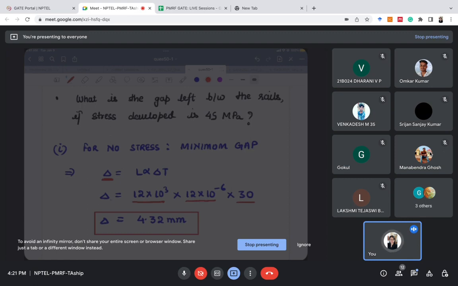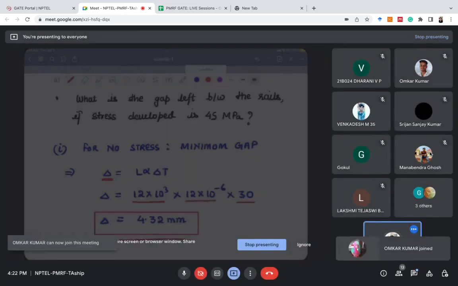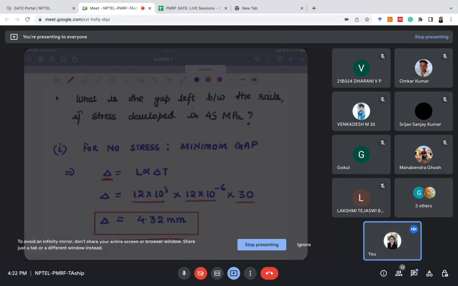So the second part of the question is, what is the gap? This delta mm gap is required so that no stresses are generated. Suppose we could not provide that much gap, and we provided some lesser gap. So the question is, what is the gap left between the rails if the stress developed is 45 MPa?